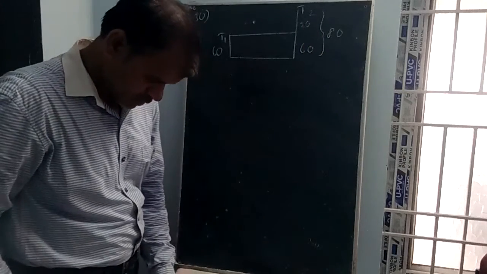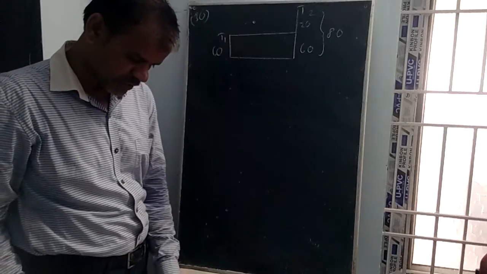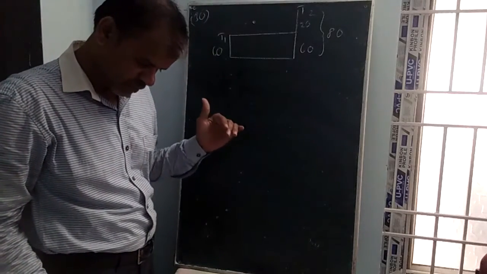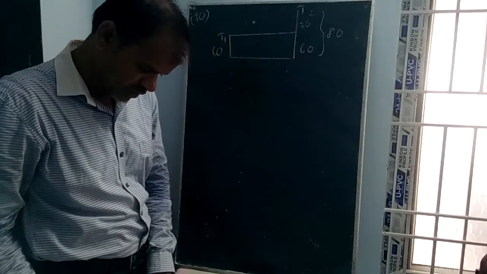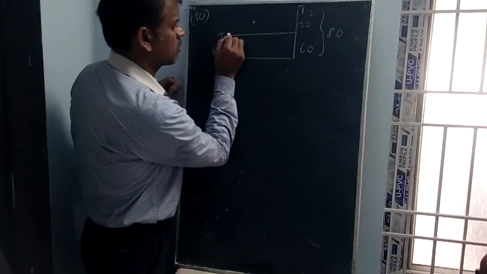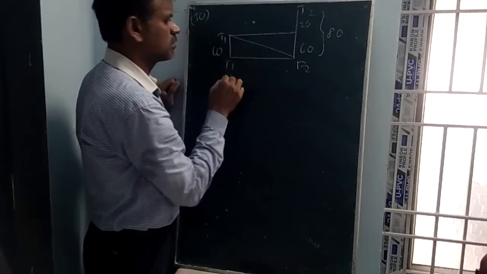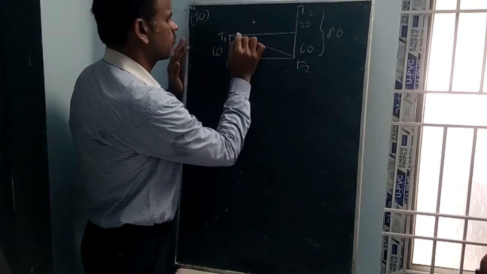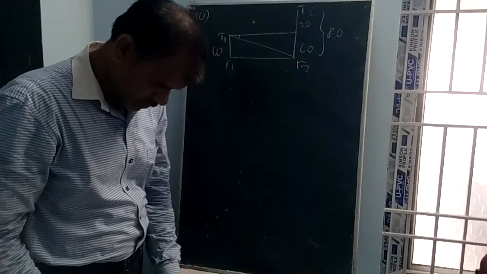A tower T1 of height 60 is located exactly opposite tower T2 of height 80 on a straight road. From the top of T1, if the angle of depression of the foot of T2, this is the foot, this is F2, this is F1. Read the question carefully.